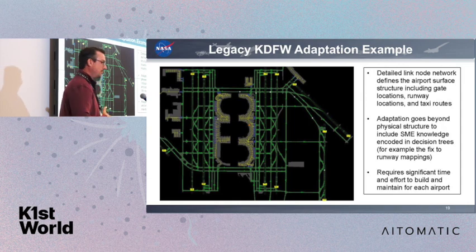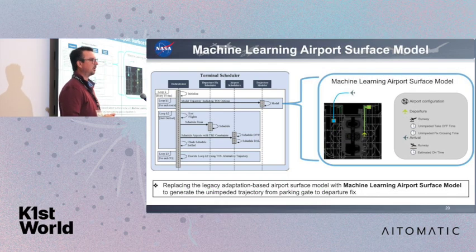That's great, but it requires a significant amount of time and effort to develop this adaptation, and not only to develop it, but then also to maintain it. And so if we wanted this capability to go from Texas to many different locations across the country, this just wasn't a very practical approach.